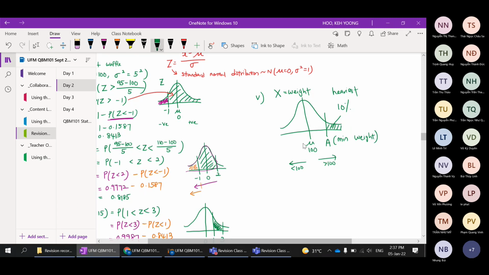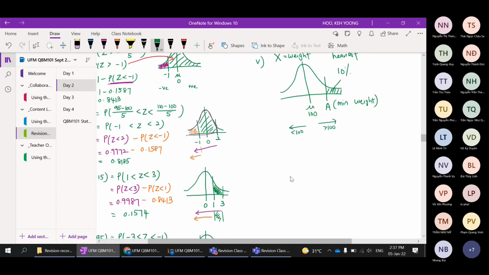Now that we understand this, we could write our first step. Our first working: P(X more than A) is 10%, so equals 0.1. This is what we need to write.